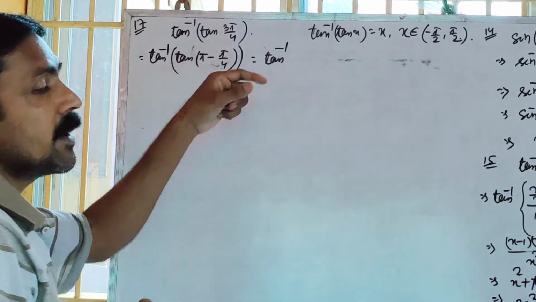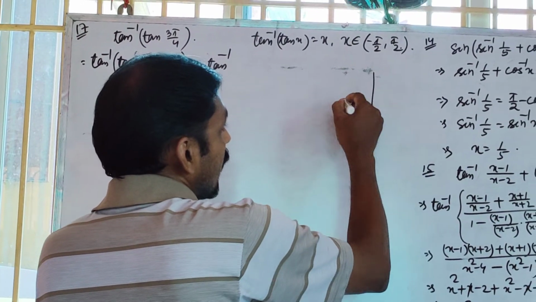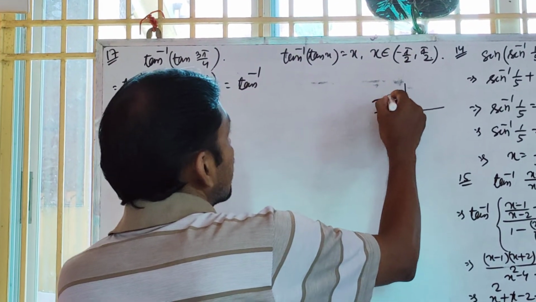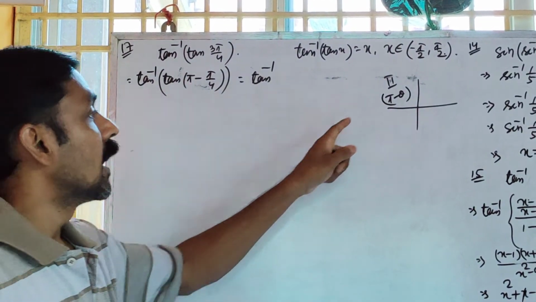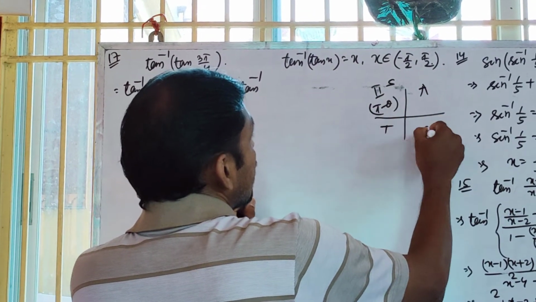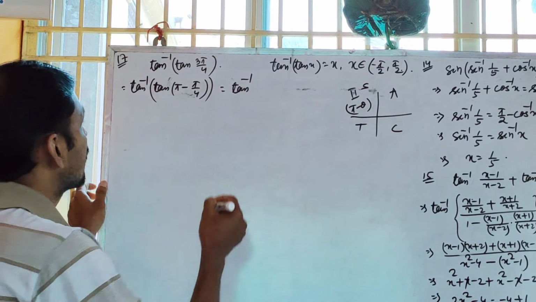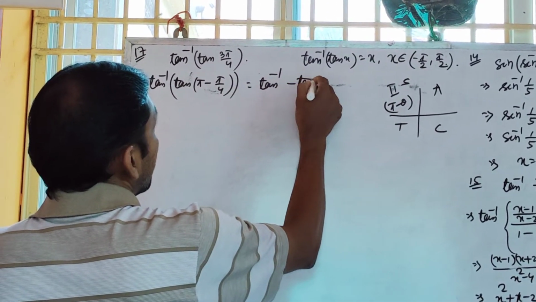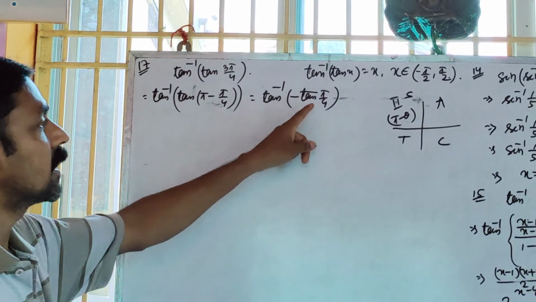Now tan pi minus theta. Now again we need to go to that ASTC rule. Pi minus theta is the second quadrant, and in ASTC, for pi minus theta, tan is negative. So it is tan inverse of minus tan theta. Tan pi minus theta is minus tan theta, theta is this.